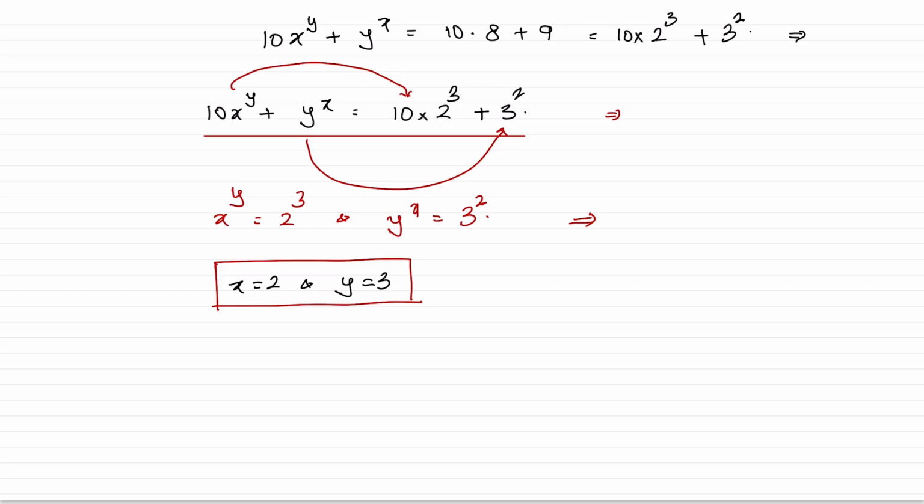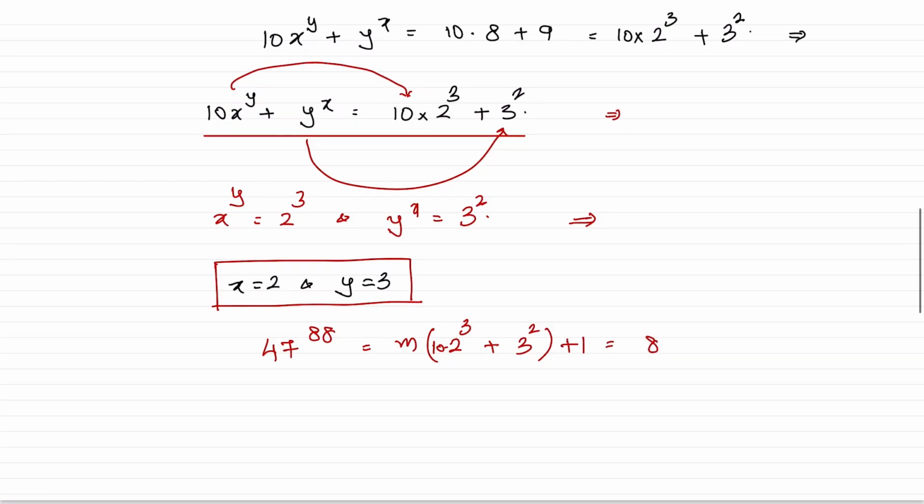That means the final representation of the question will be 47 to the power of 88 is equal to m into 2 to the power of 10 into 2 to the power of 3 plus 3 to the power of 2 plus 1.